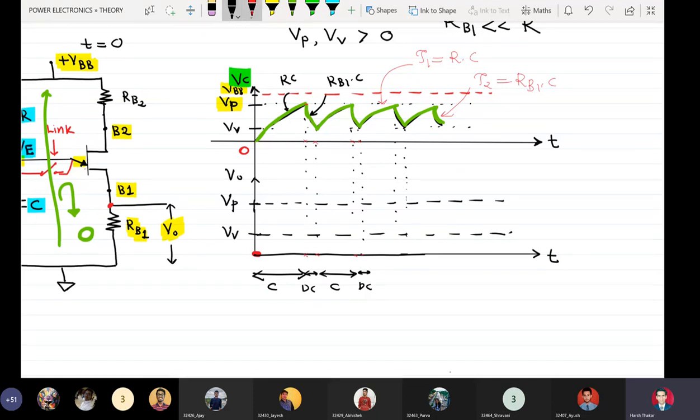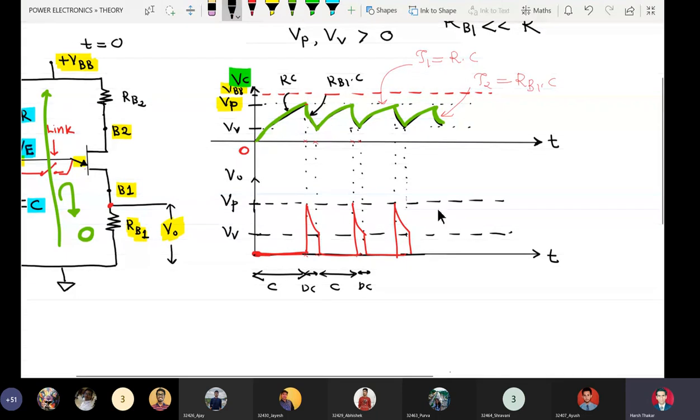So during charging, the load voltage is equal to 0. So it goes like this. Okay, so these are the firing pulses.